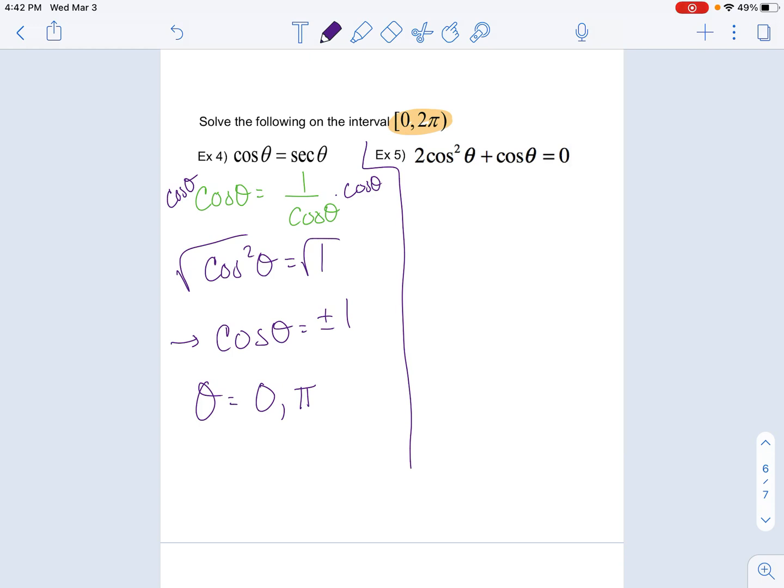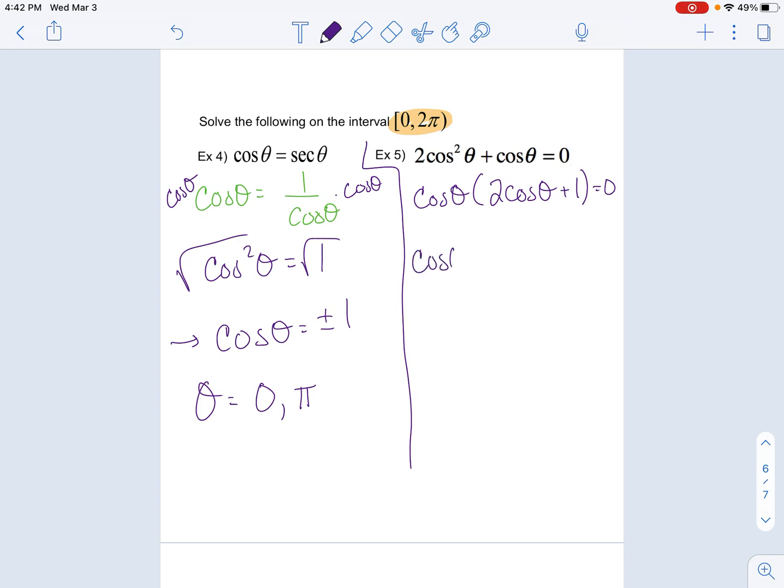If I take a look at the next one, it's 2 cosine squared theta plus cosine theta. So what do I want to do here to solve? Again, we've done one similar to this. That is a factoring problem. I have a cosine in both, so I want to factor out that cosine, and that gives me cosine theta times 2 cosine theta plus 1.